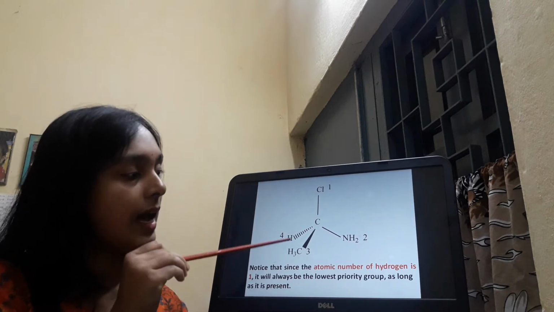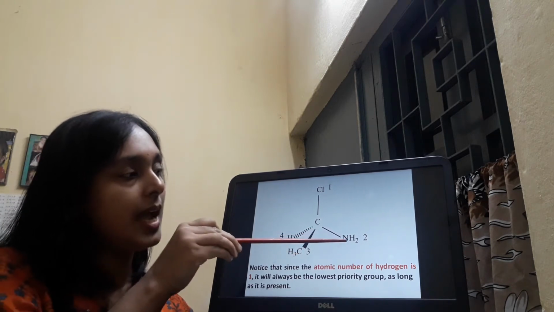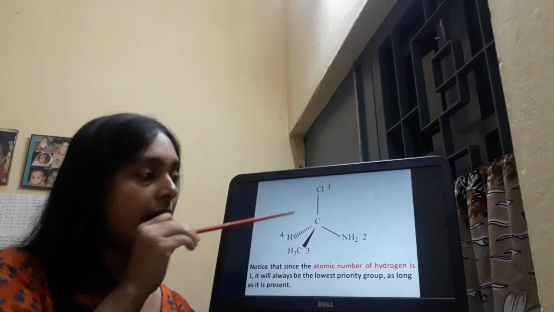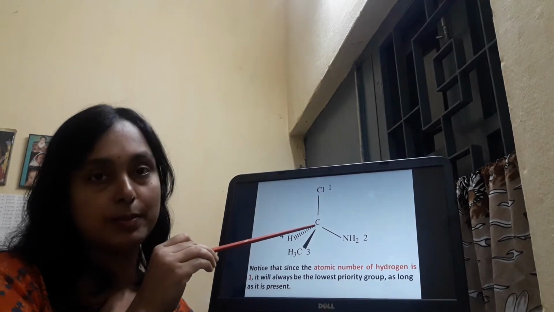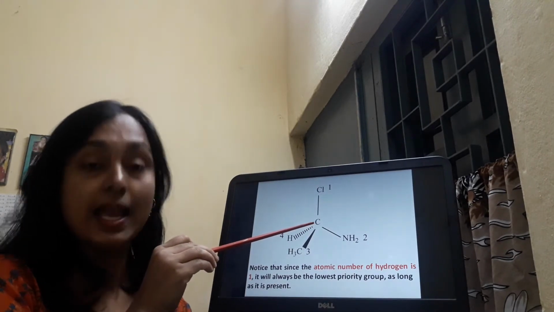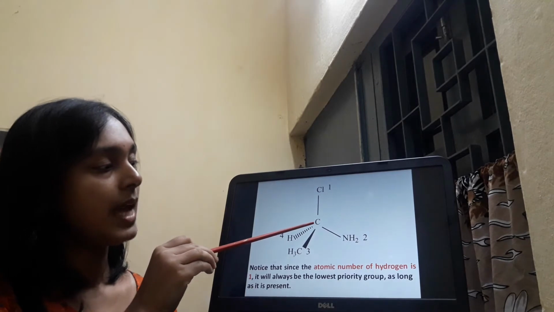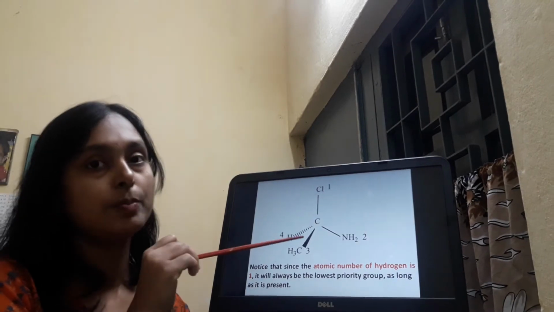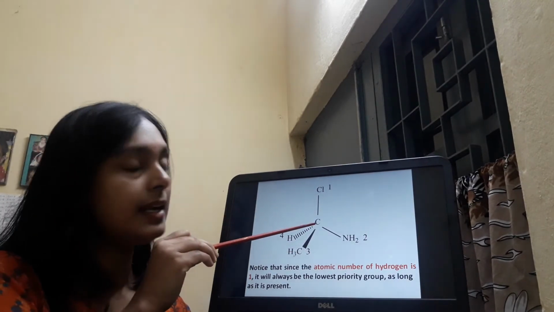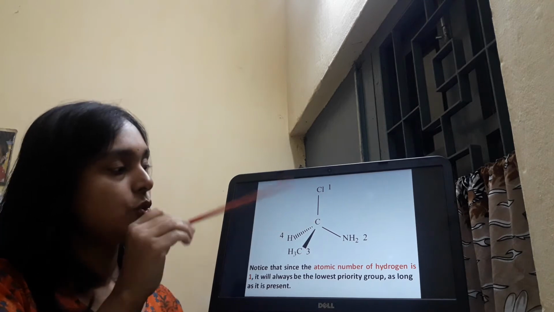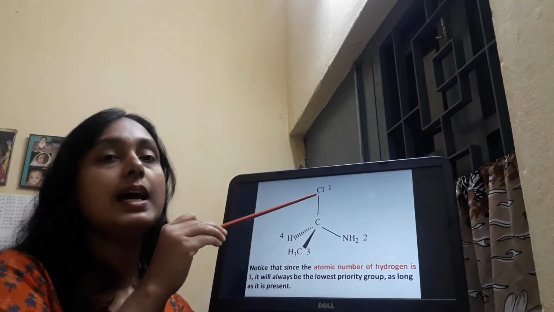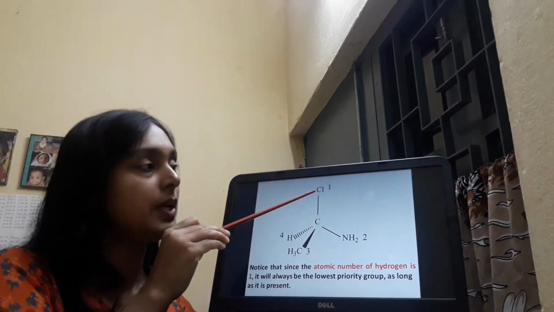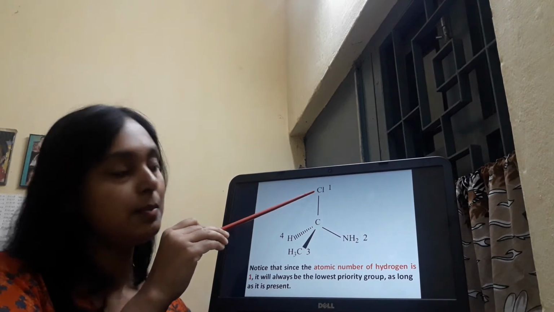So here hydrogen, carbon, nitrogen and chlorine are directly attached to the carbon. Whenever we consider priority, we have to find the atomic number of the directly attached atoms. Among all these, chlorine has the highest priority because it has the highest atomic number.